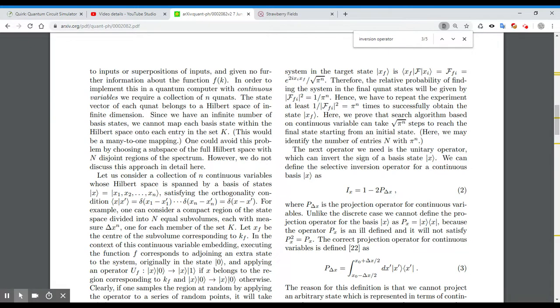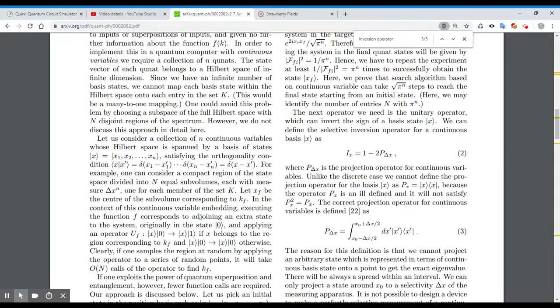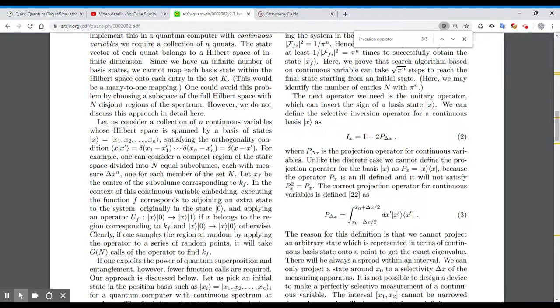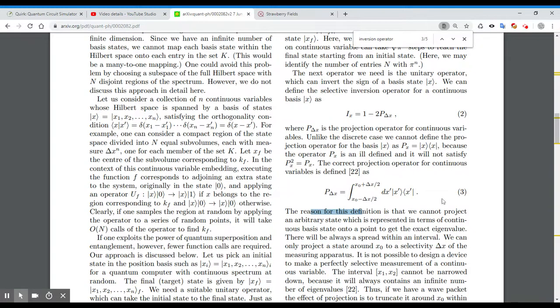Unlike the discrete case, we cannot define the projection operator for the basis x as p_x because the operator is... so this is an integral. This is just the mathematical definition, so they can go ahead with the calculations later on. It kind of makes sense, but I'm not sure what this does really at the practical level.